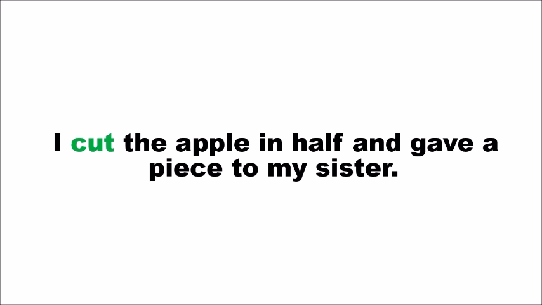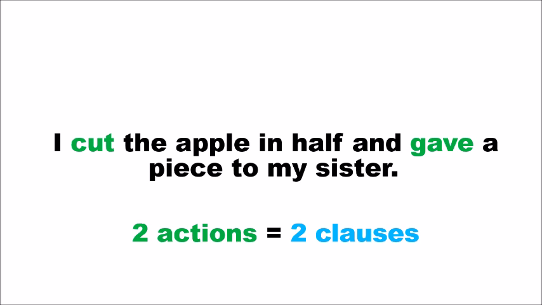However, if we read along the sentence carefully, you might notice a next verb, and that is the word gave. Because we have two actions in this sentence, that means we must have two clauses. That really means that we have two pieces of information in a single sentence, making the sentence more complex.